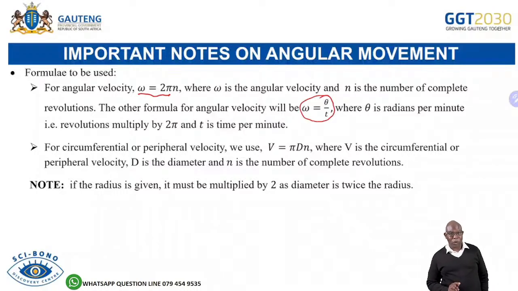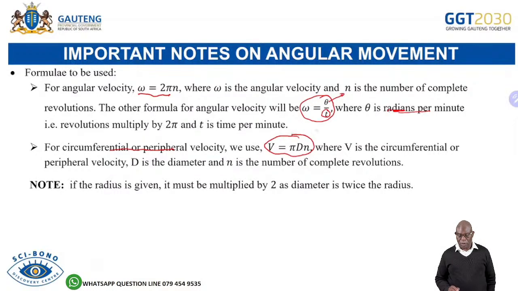Make sure you understand this one, where you'll be given the time and also the angle. Remember, the angle will be in radians per minute. For circumferential velocity, we use the formula in the formula sheet. The D stands for the diameter, and the n stands for the number of revolutions.